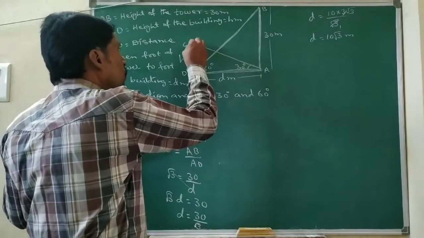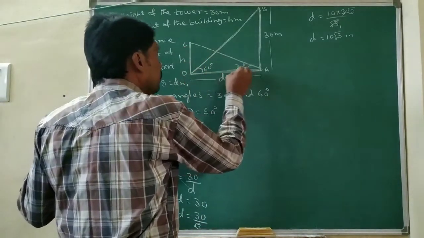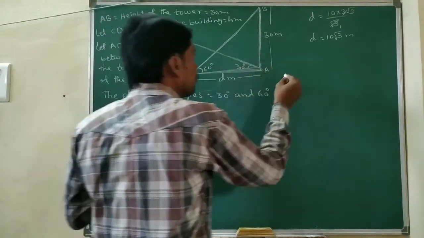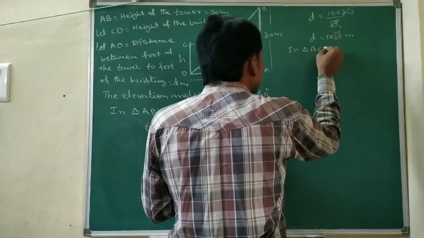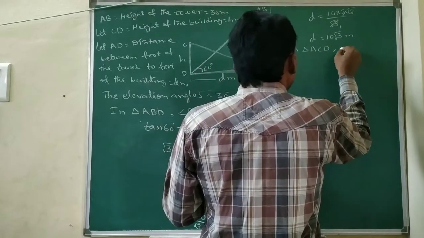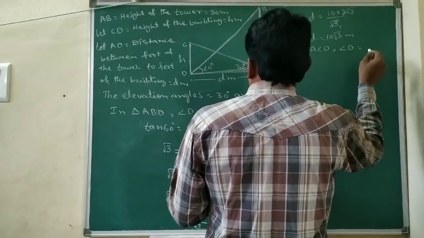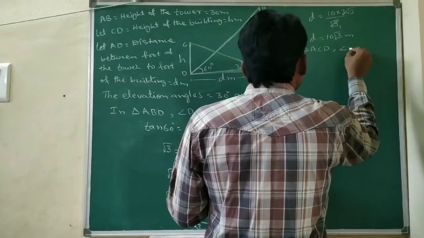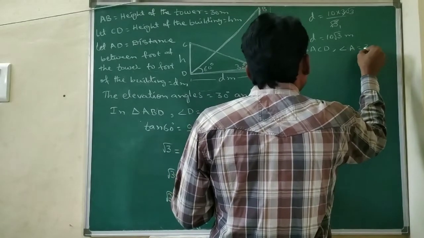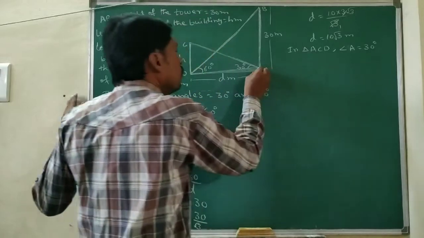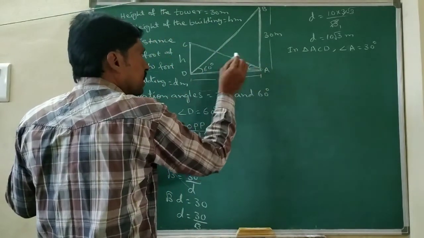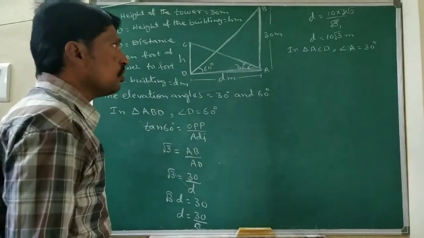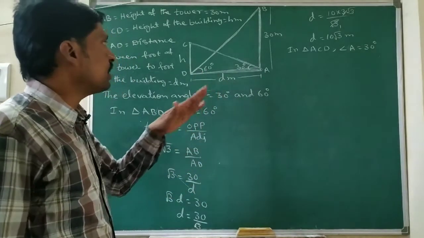Okay. Now this triangle I am taking, ACD triangle I am taking. In triangle ACD, angle A equals 30 degrees. So from the foot of the tower to the height of the building it is making elevation angle, that is 30 degrees. So here already 60 degrees one completed.